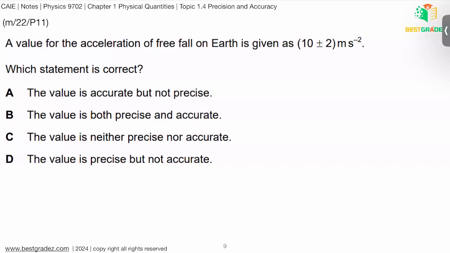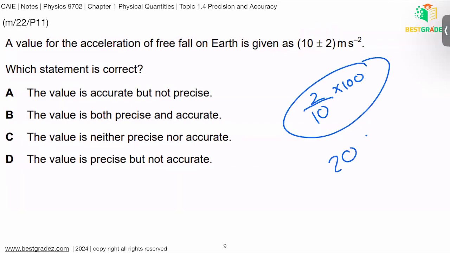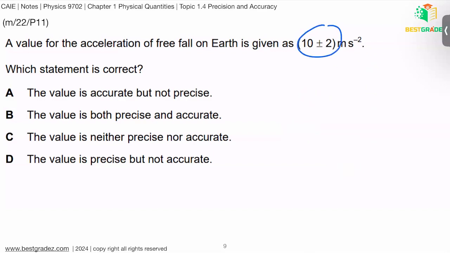Achha, look at 10 plus minus 2. If we use our knowledge of percentage uncertainty, that is a lot of percentage uncertainty, 20%. Had this been 1% or 2%, I would have said it's precise. But right now, too much variation. Okay, it is not precise.